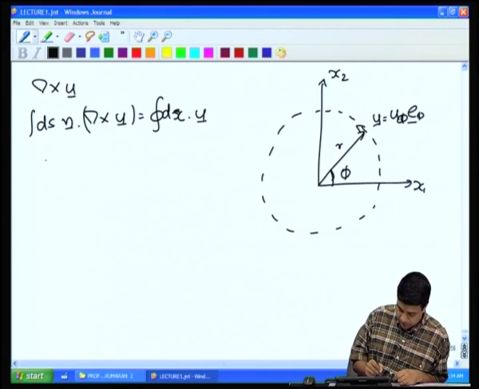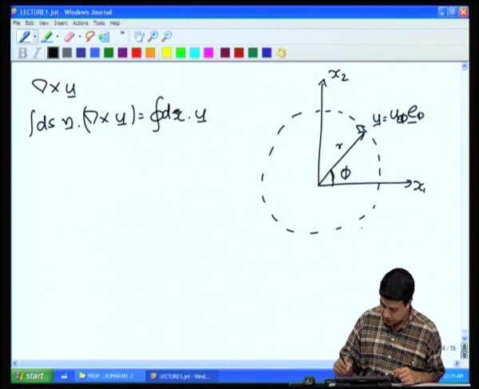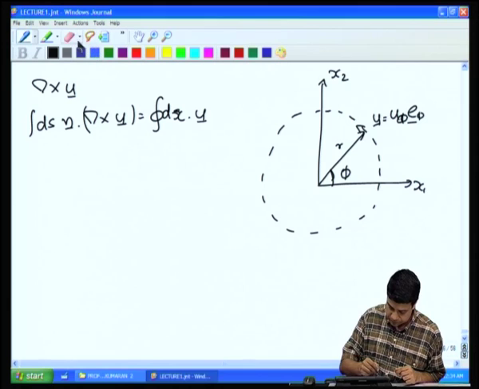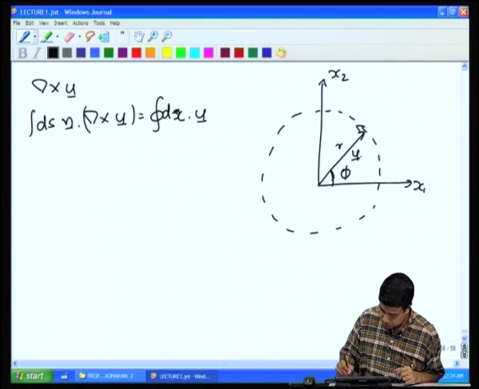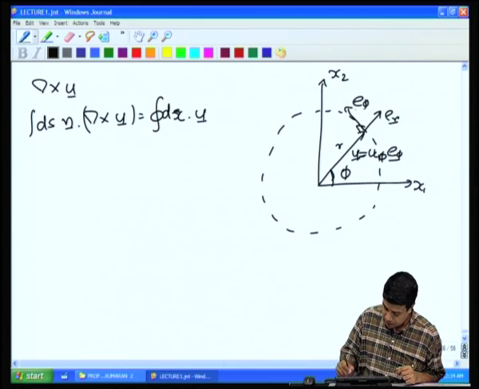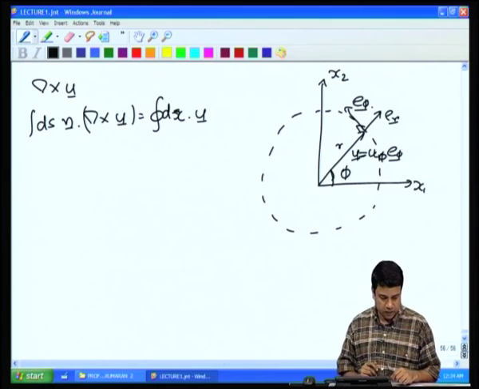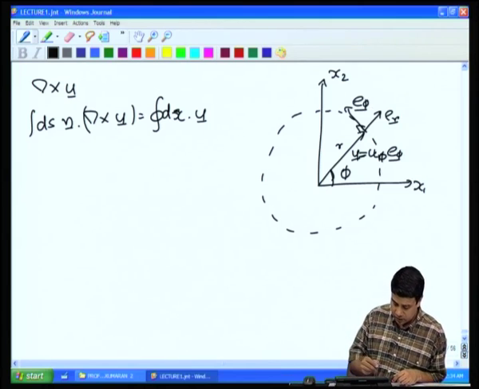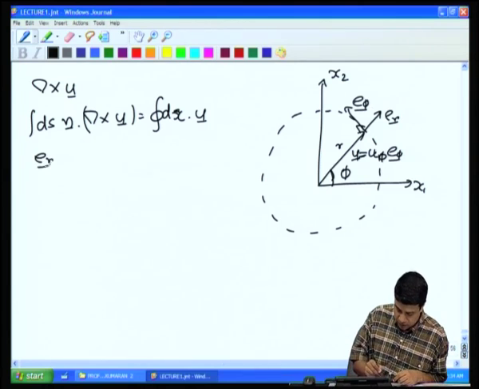So, we know that in this coordinate system I have my coordinates ER, E phi, and I have relations between E1 and E2 and ER and E phi. ER is equal to E1 cos theta plus E2 sin theta.